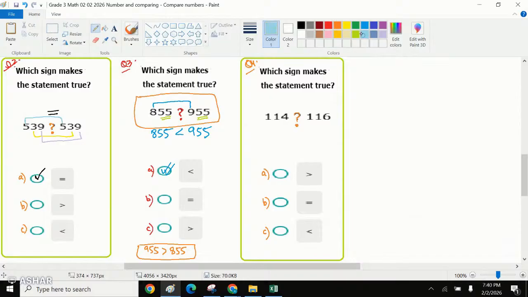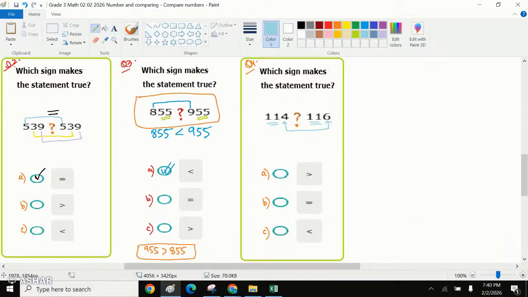We can see that the hundreds and the tens is exactly same. So can we compare the units? Which unit value is greater? Ethan, what should be the answer? May? Nate? Precious?